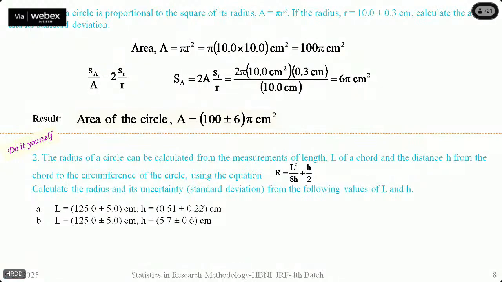I do not know how to show it, how to change it.